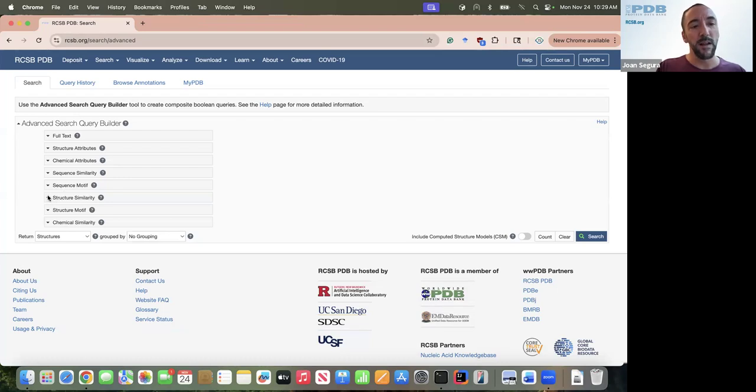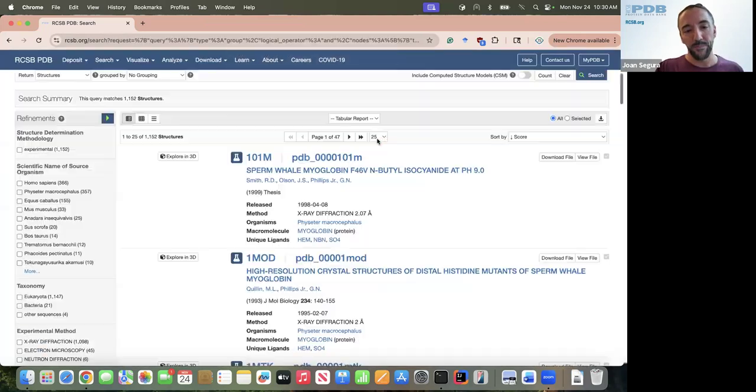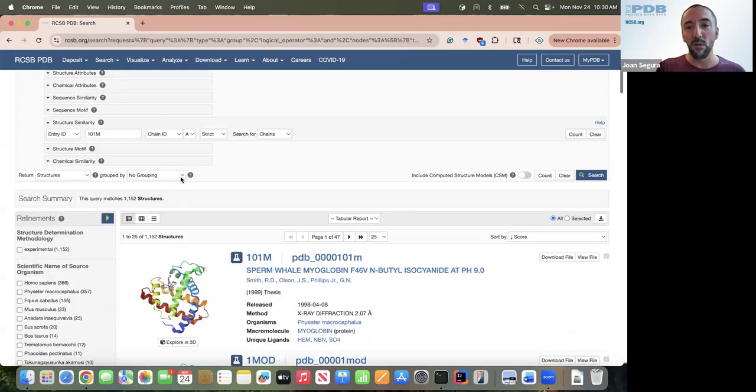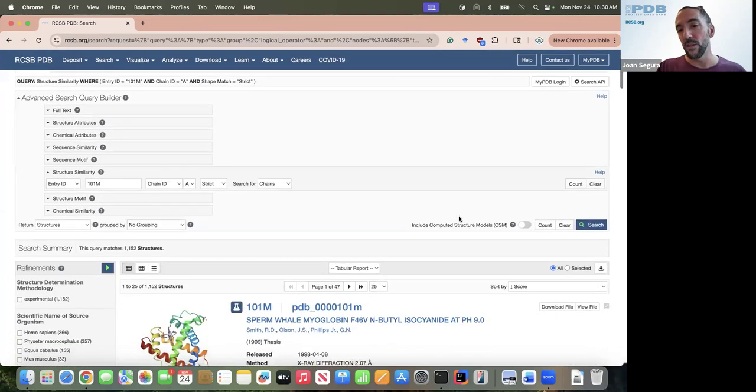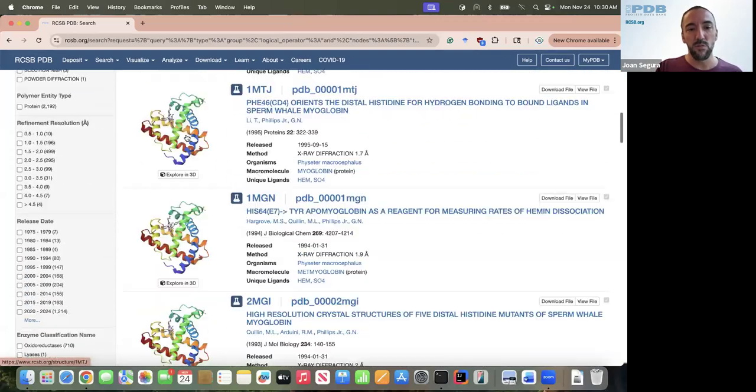To give an example, let's choose structure similarity. Let's search by chains. And again, what always happens to me, I forget to include the computed structure models. It's the only thing that you need to do.